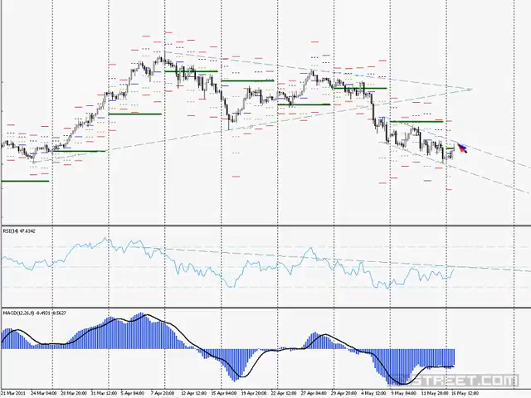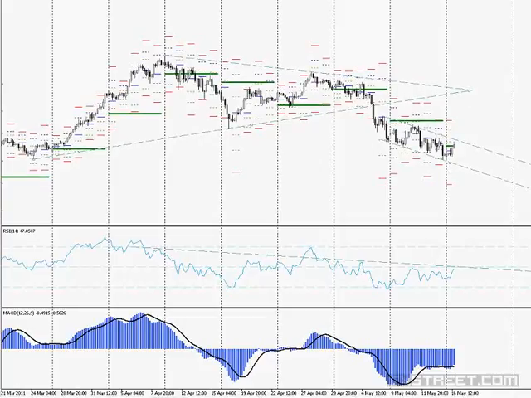Nevertheless, we are 500 pips away from that level, and it will be probably difficult to attract prices so far.